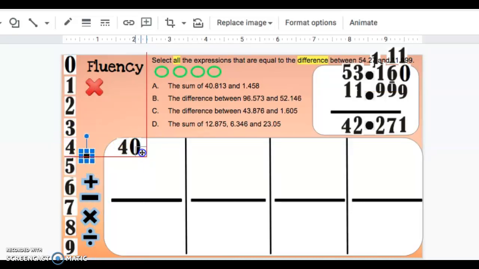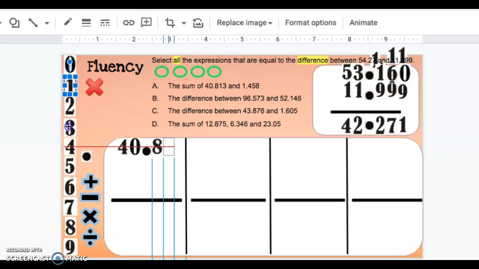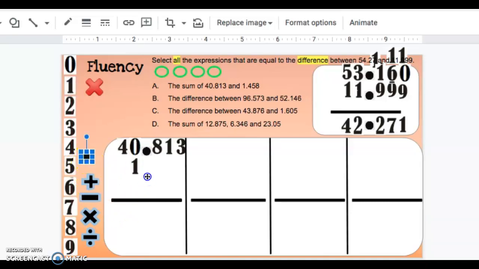decimal point, and then I'll put my 8, 1, 3, and then my 1 based off the place value, decimal point, 4, 5, 8.